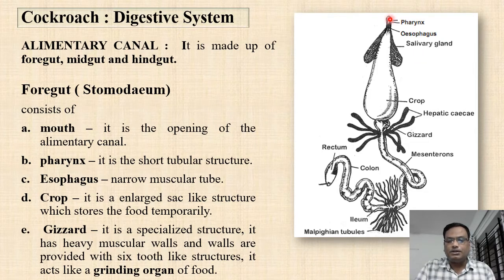In this picture, you can see the first part up to this gizzard is called foregut, and this middle narrow tube-like structure is the midgut, and the last part, the terminal part of the alimentary canal up to the anus, forms the hindgut.